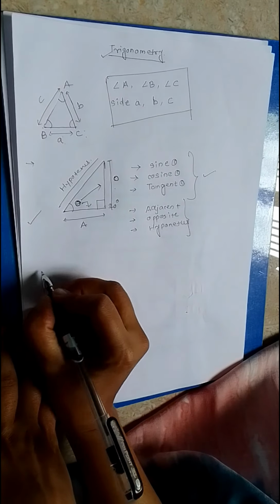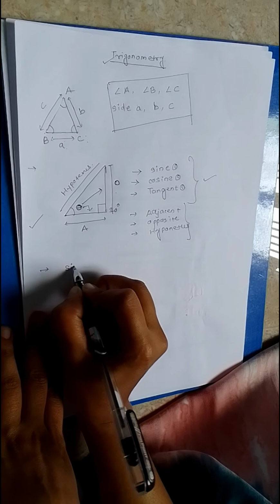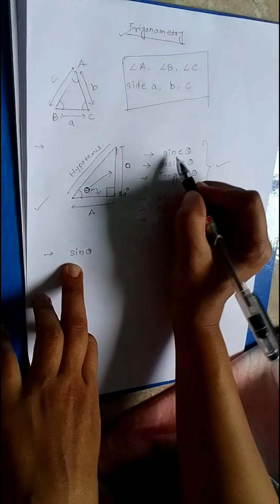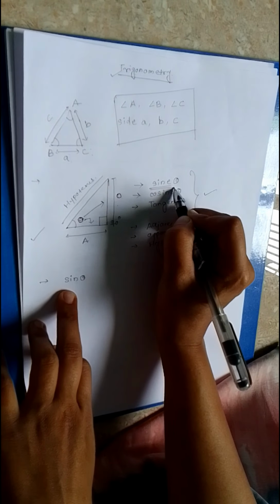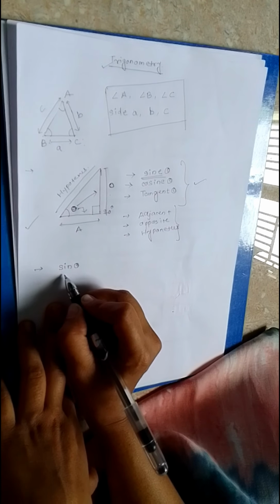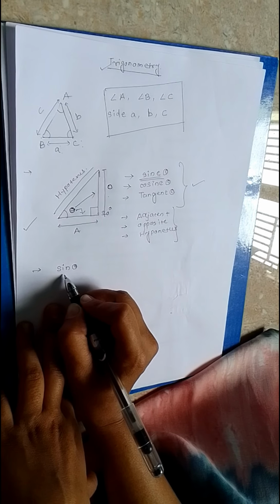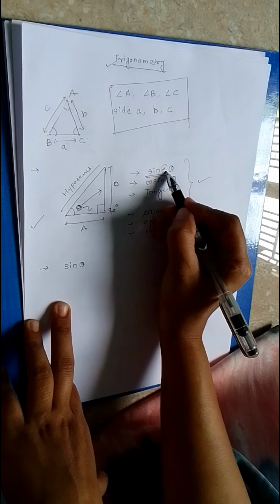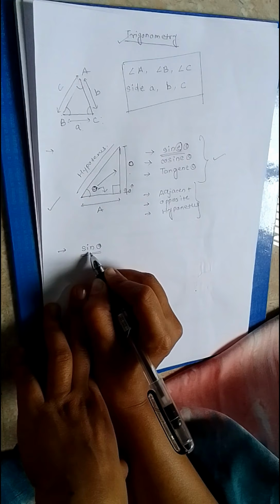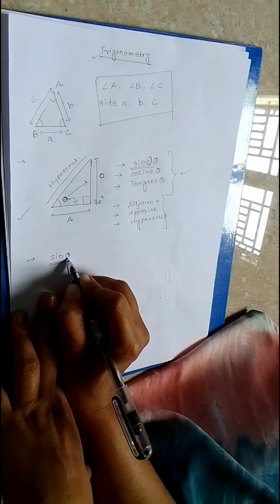Now we will see the concept of sine theta. Always remember, the function is sine theta. It is spelled S-I-N-E, and whenever we use the function in a formula, we do not use this E. Now we will define the sine function of angle theta.